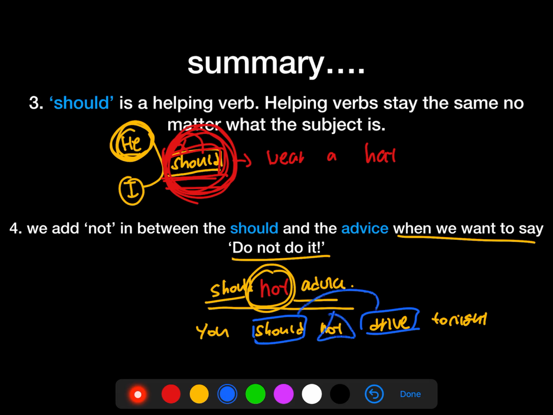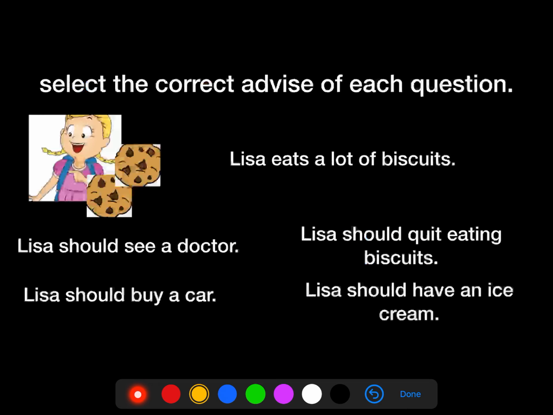So should not drive tonight. Okay. And do you remember we can make it short a bit? What was it? Yes, shouldn't. Should not, shouldn't. We make it a bit short. Shouldn't. Okay.